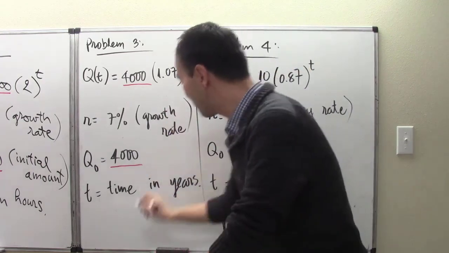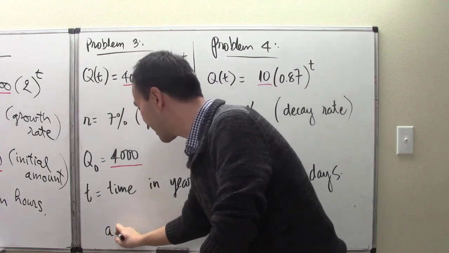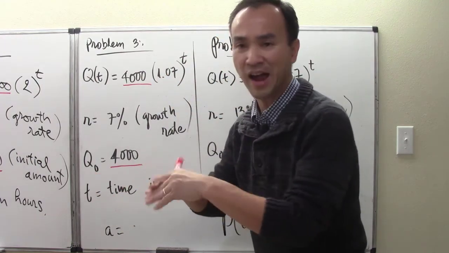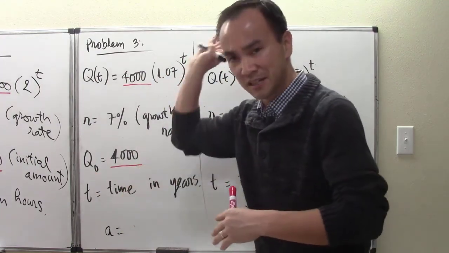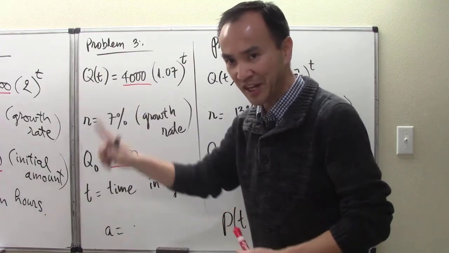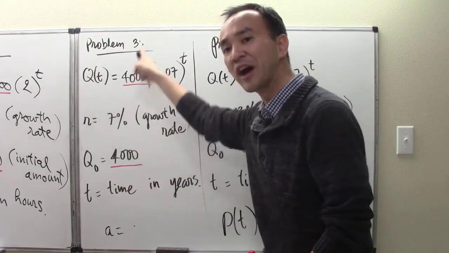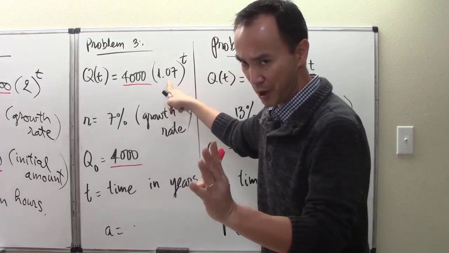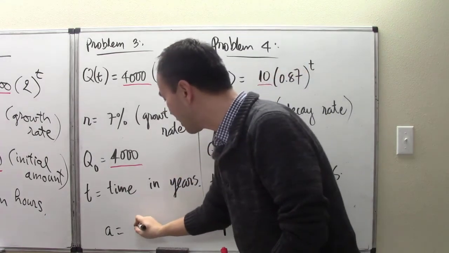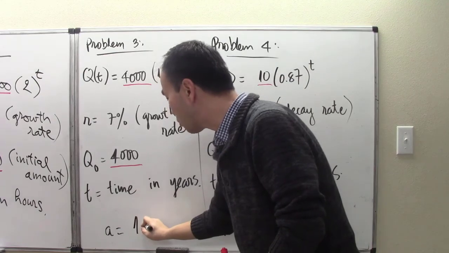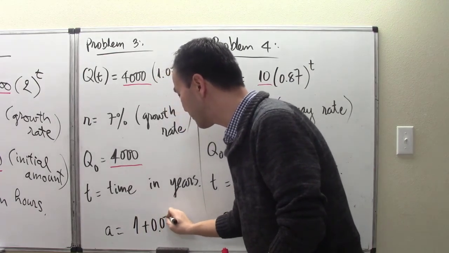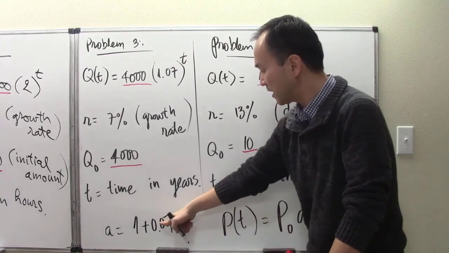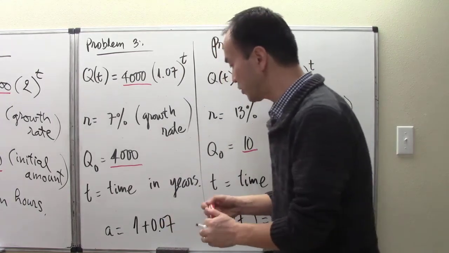In this problem, the base a in a to the t came out from, please look back at the earlier part of the video, the part where I specifically derived this problem. See how we got this base 1.07. The base here is 1.07, but it really came from 1 plus 0.07.